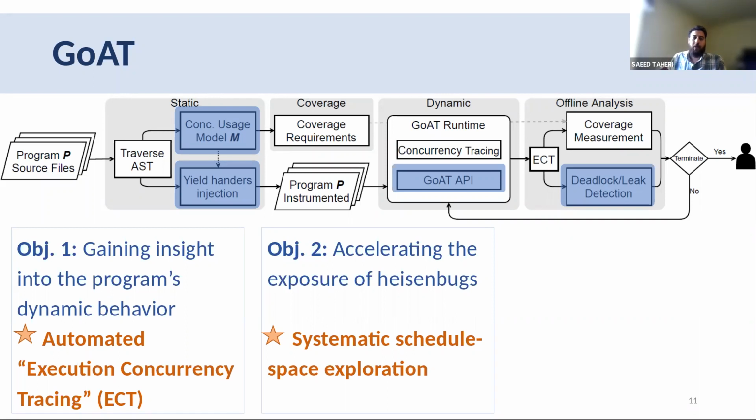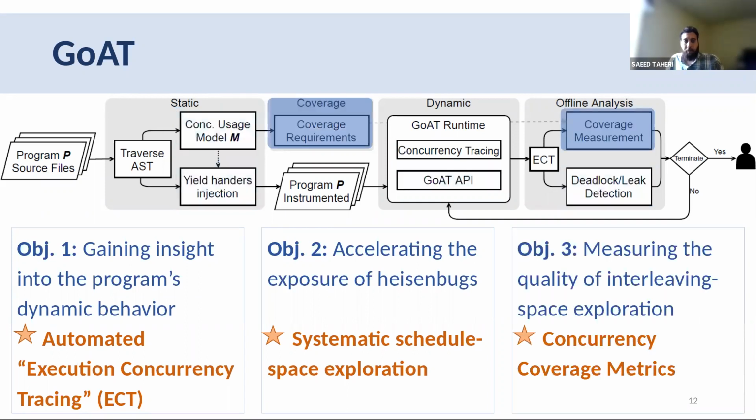Then we inject bounded yields before them because the behavior of concurrency primitives defines the blocking behavior of the program. And perturbation around concurrency usage has been proved to be efficient and effective in exposing bugs. Offline, we analyze the ECT of the execution to see if any partial or global deadlock has happened.